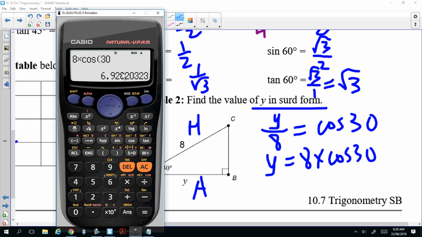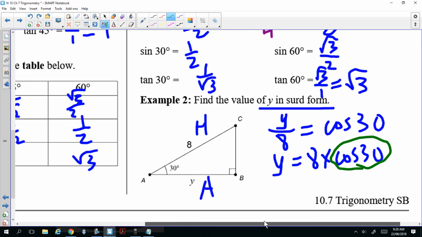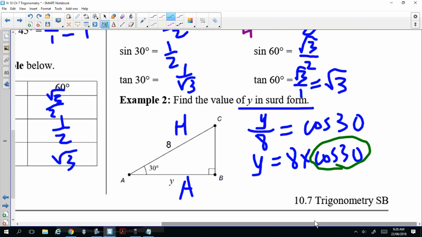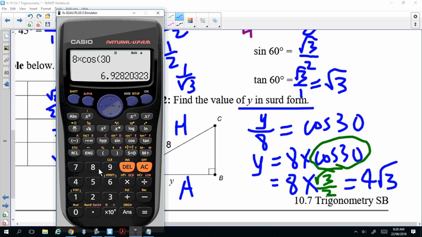If you memorize the table, you will know cos 30 is √3/2, which you just substitute in there, multiply that by 8, and that will be 4√3. Now check, is that actually the same as what we have? 4√3? Yes, it is. Same thing. But they want the exact form, so you need to do it like that.